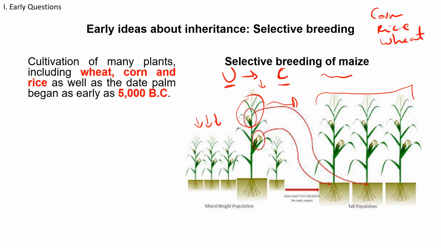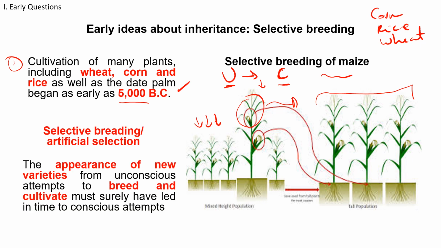So I told you first that the cultivation of many plants, including this tree, began a long time ago, as early as 5,000 years before Christ. The dates are not very important, but I just want you to know that this happened a long time ago.